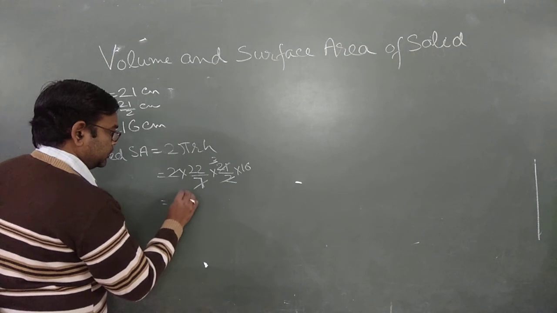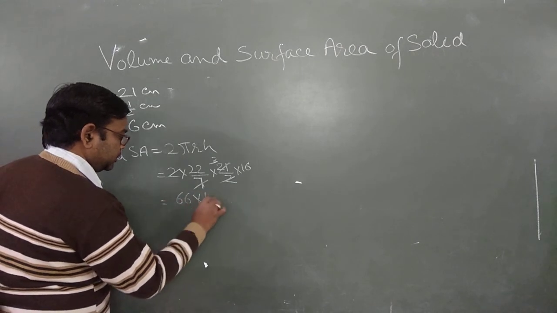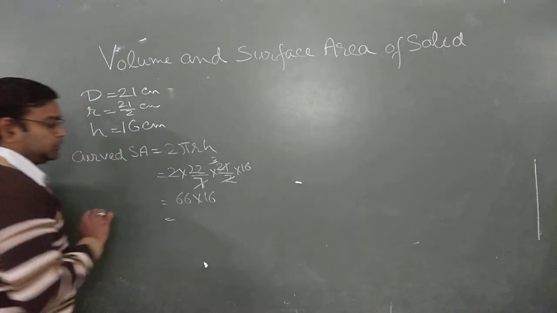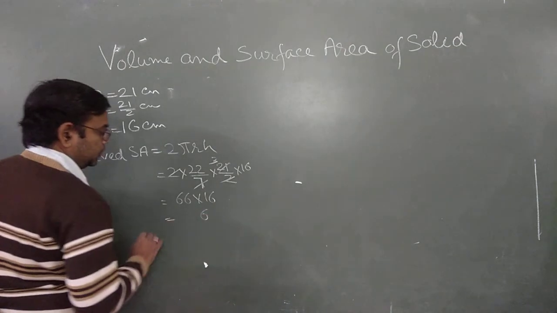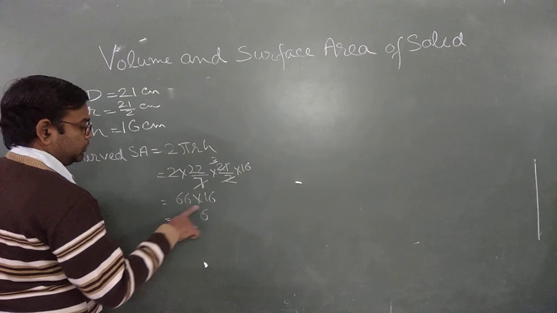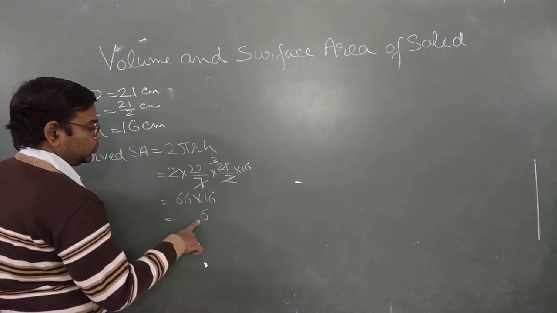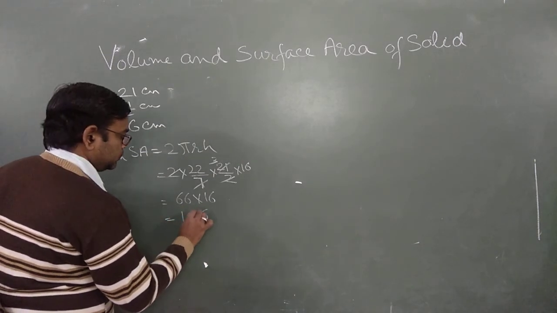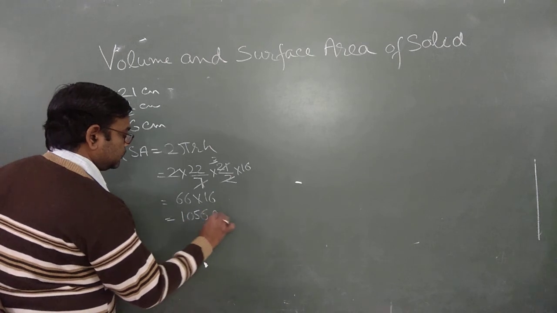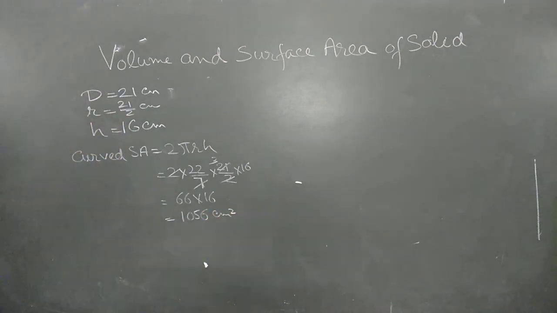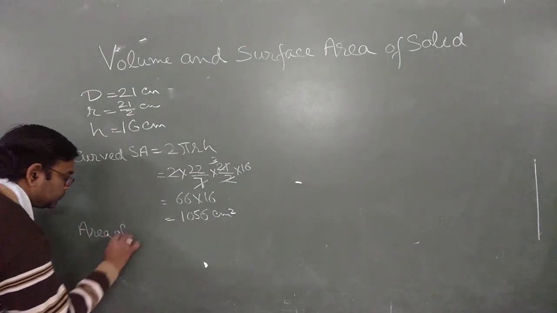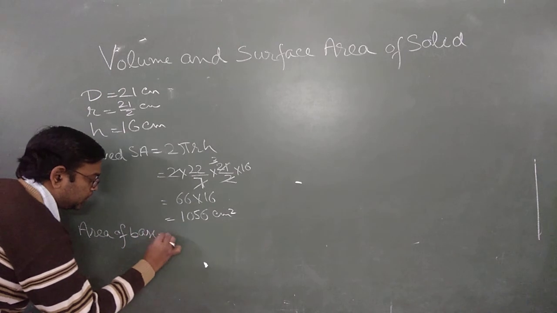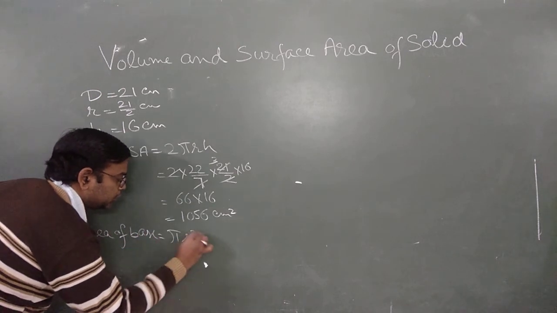It's 66 into 16. Curved surface area is 1056 centimeter square, and area of base equals pi r square.